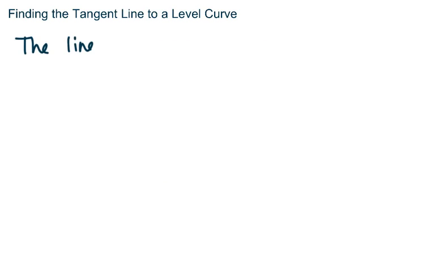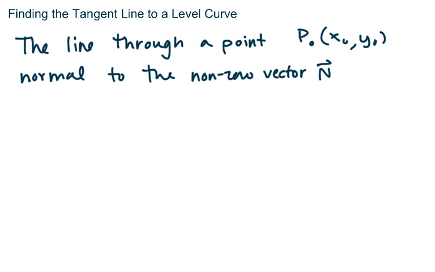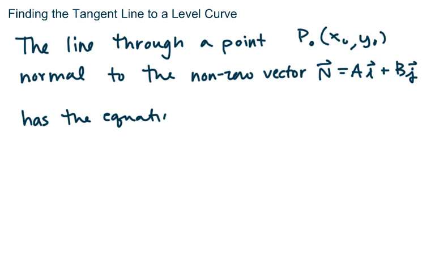The line through a point, P naught, which is normal to a non-zero vector, we'll call it n, which is some quantity a i plus b j, would have the equation a times x minus x naught plus b times y minus y naught equals 0.